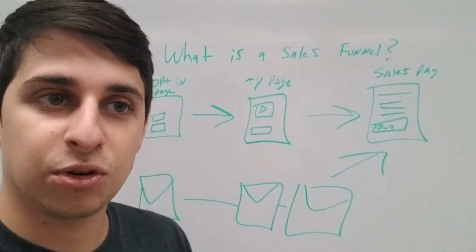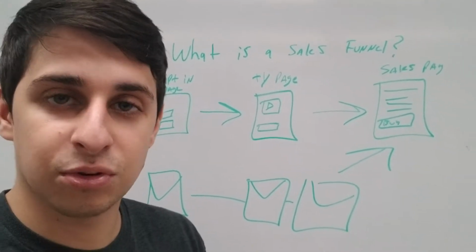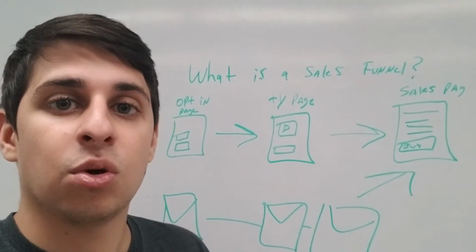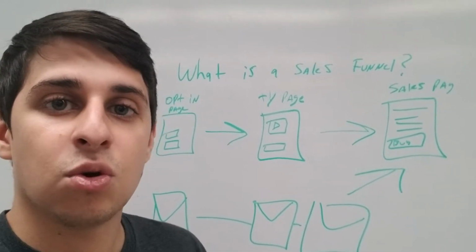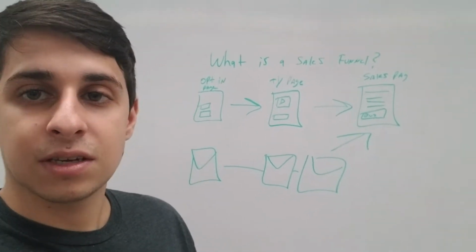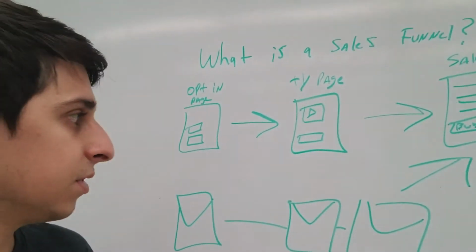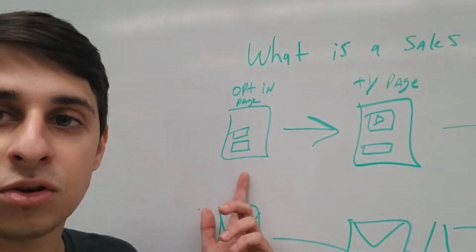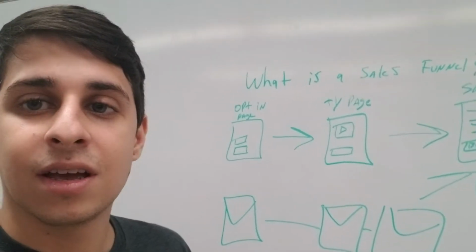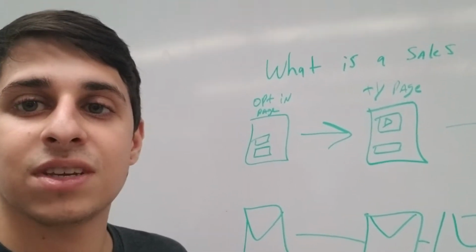You use the sales funnel, and you do this on your computer, of course, using tools like Builderall or ClickFunnels or Instapage and platforms like that. Basically, you start your sales funnel with an opt-in page. An opt-in page collects the visitors' email addresses.